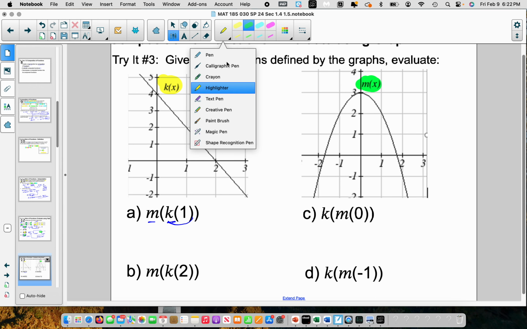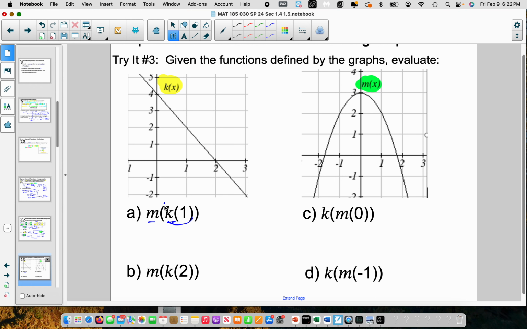We're just going to read off the graphs. This first one says the inside function is evaluate first k at 1. If I input 1, I go up to the graph. I input 1, my output is 2. So k of 1 is equal to 2.